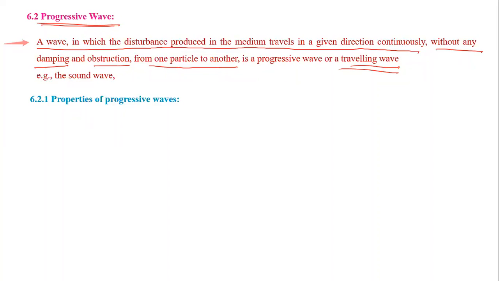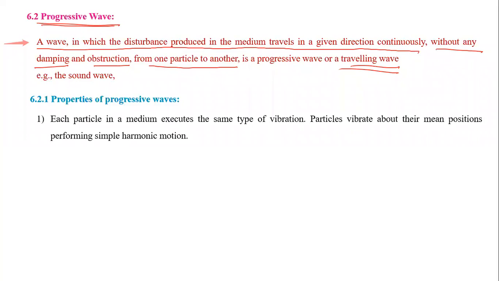Properties of progressive wave. The first property is each particle in a medium executes the same type of vibration. So when a wave is traveling in a medium, let me draw one diagram here.